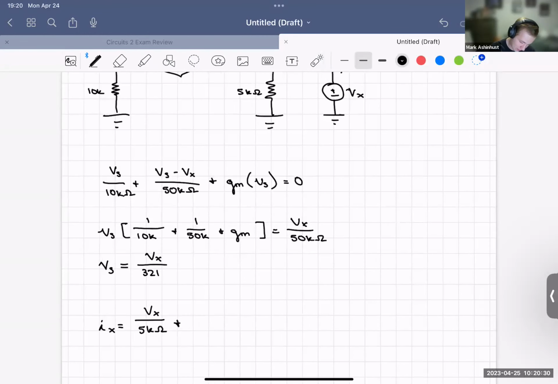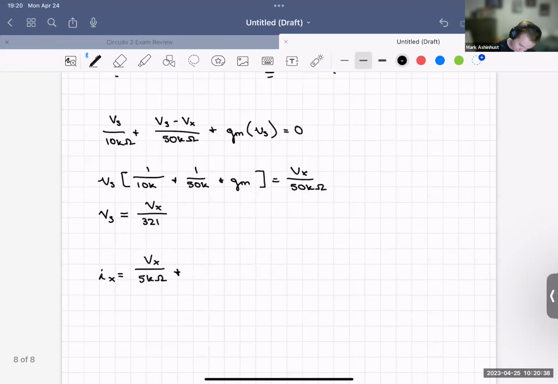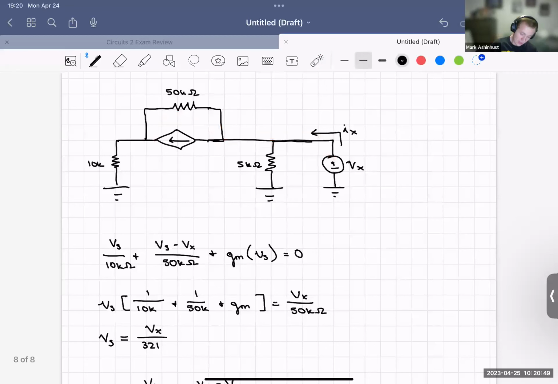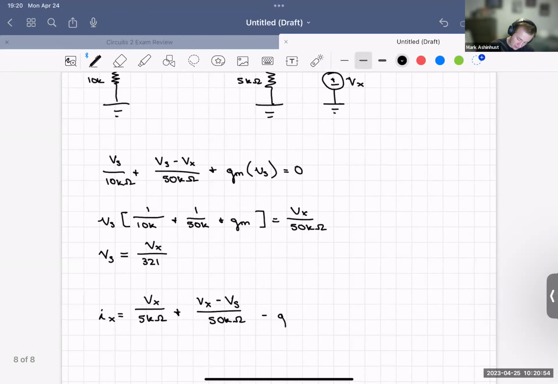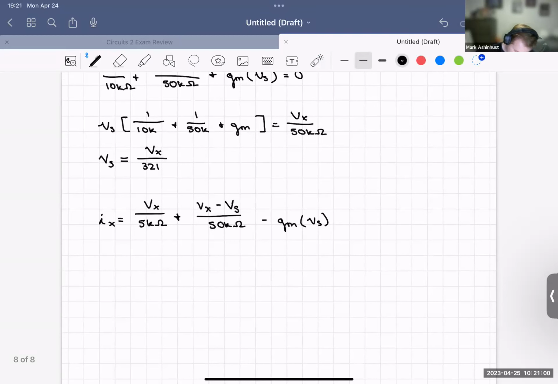Then we have the VX over the 50K there to VS. And then we have our positive GM VGS, which ends up becoming negative GM VS is equal to IX.